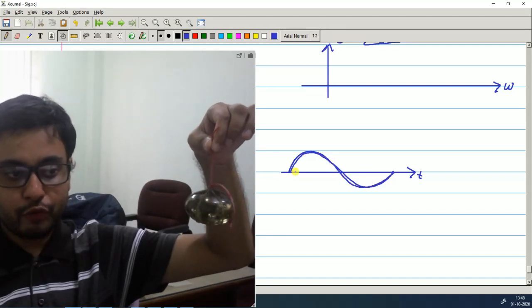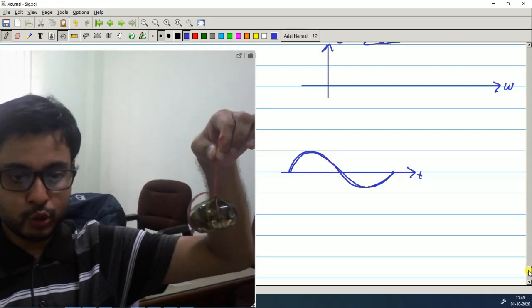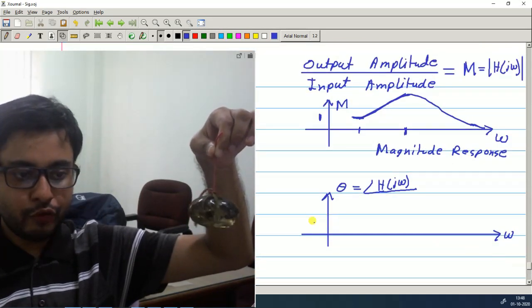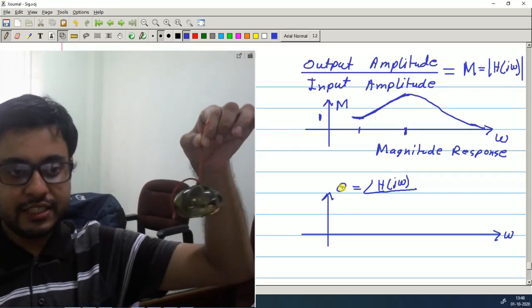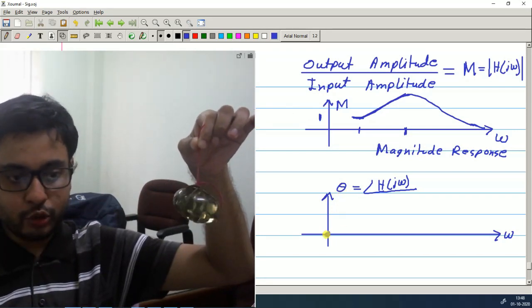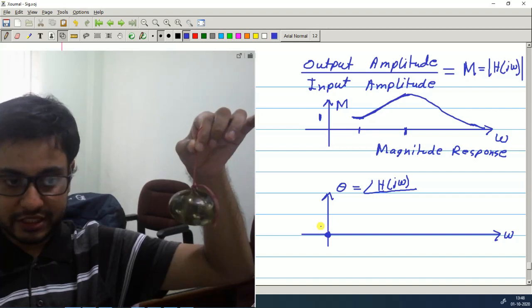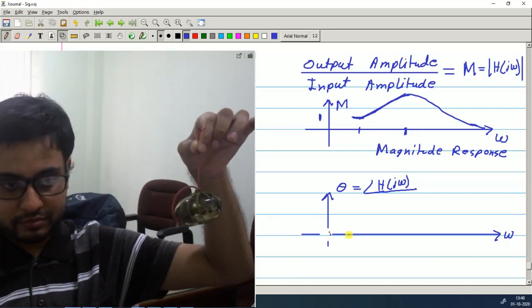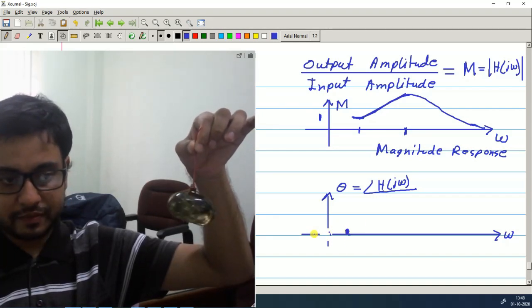There is no phase difference between the two. So at low frequency, the phase difference between output and input is 0 at very low frequency. Okay, let me draw it here.